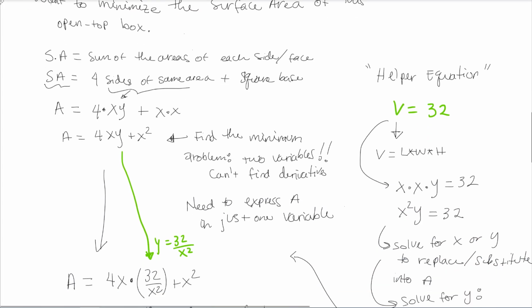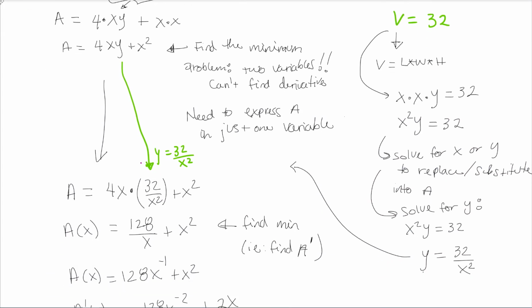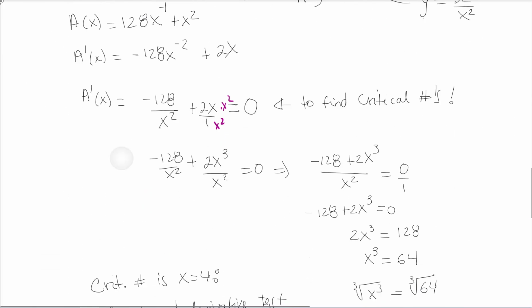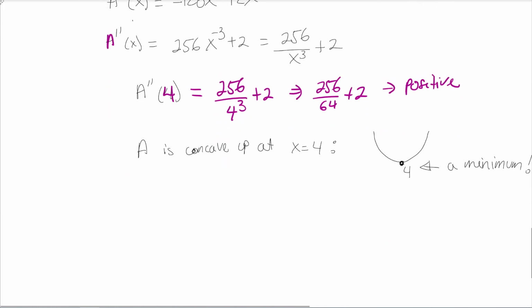We found y to be 32 over x squared. So this will be 32 over 4 squared, which is 32 over 16, which is 2. So the dimensions that will give us the minimum surface area will be 4 by 4 by 2.